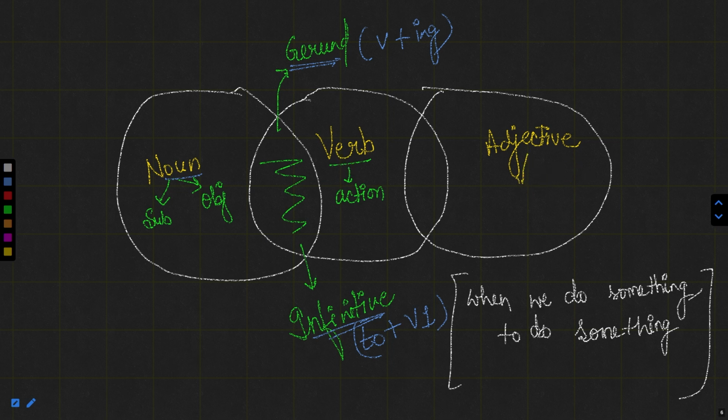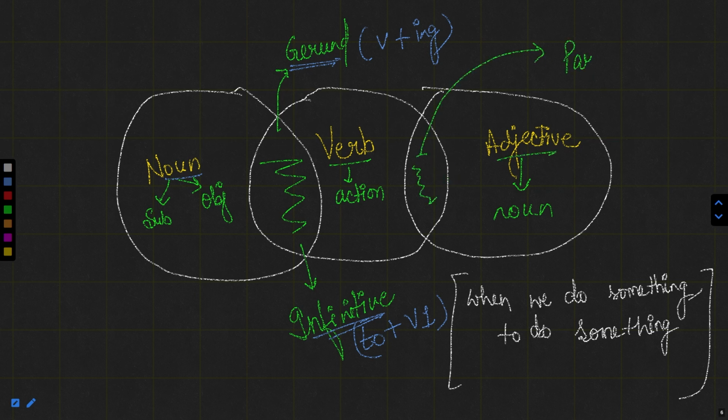To state the quality of someone, to qualify a noun. What does an adjective do? It qualifies a noun or a pronoun. It means it describes a noun anyhow. It states the quality of a noun. Now, if a verb behaves like an adjective, that is known as participle.